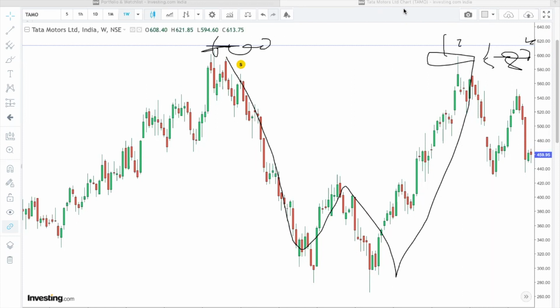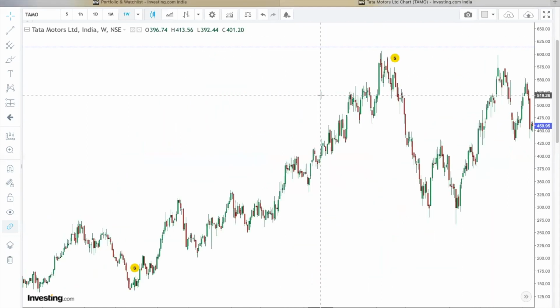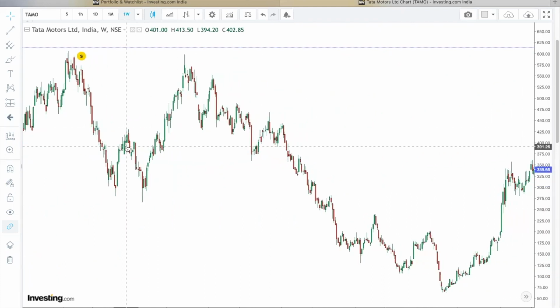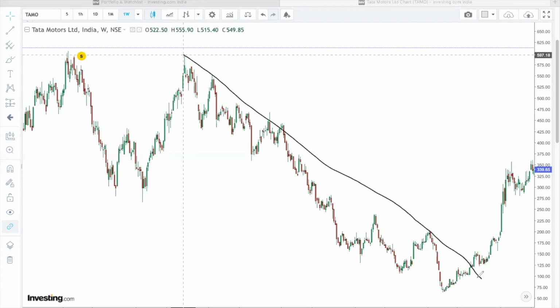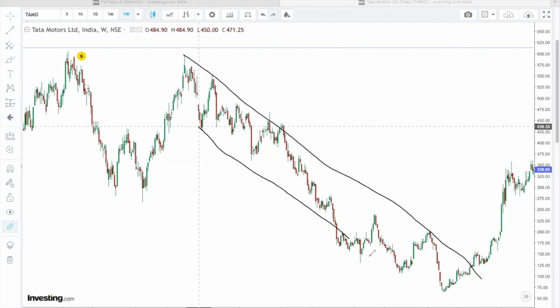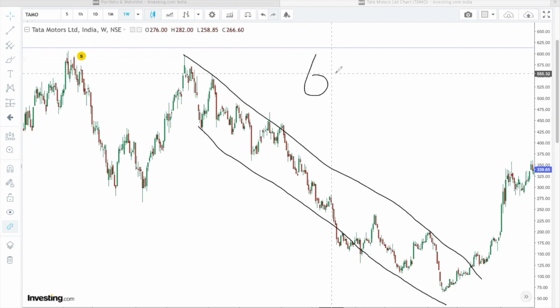Let's see. It plummeted almost up till 2020, when the crash in the stock markets happened. It went on correcting, almost from 600 to 51 rupees.